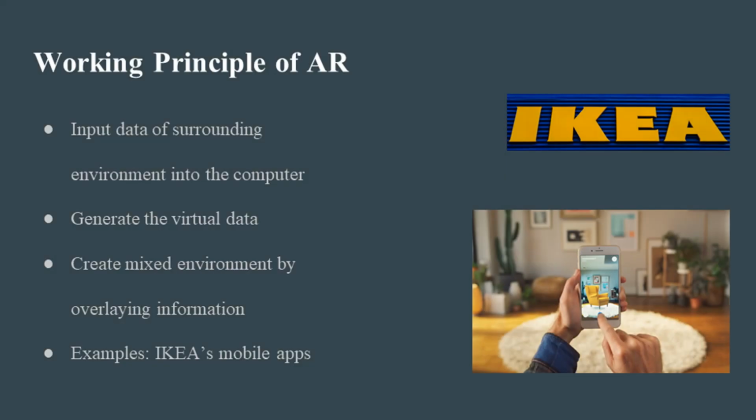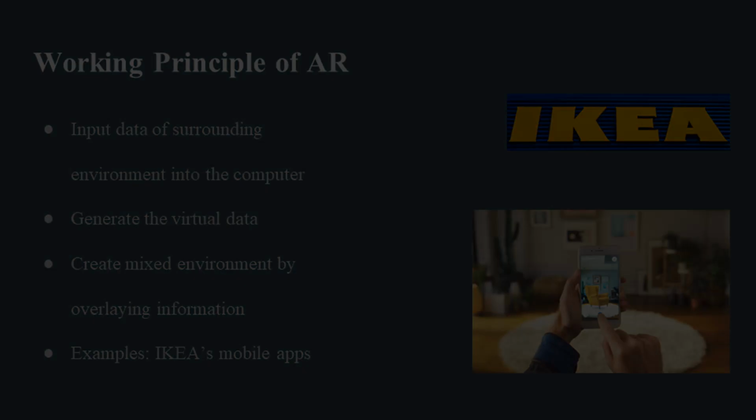In these pages, we will go through the working principle of AR: by inputting the data of the surrounding environment and the virtual data into the computer, and overlaying this information, a mixed environment will be created. The user can view all the viewpoints of the simulated project. One of the famous examples in Hong Kong is the mobile app of IKEA, which applies AR for the user to decide if a product is suitable for their office or home before they purchase it.